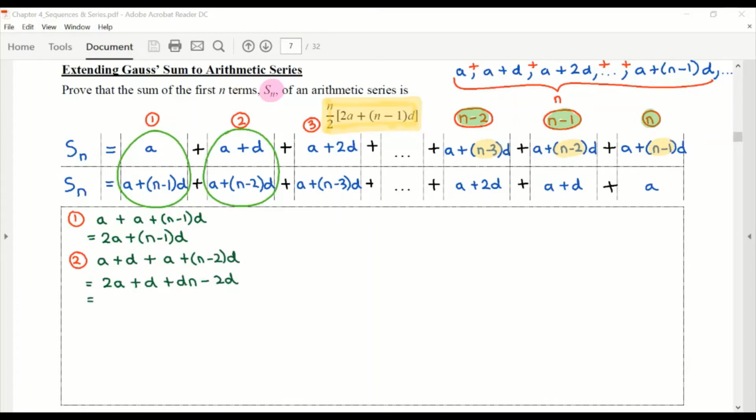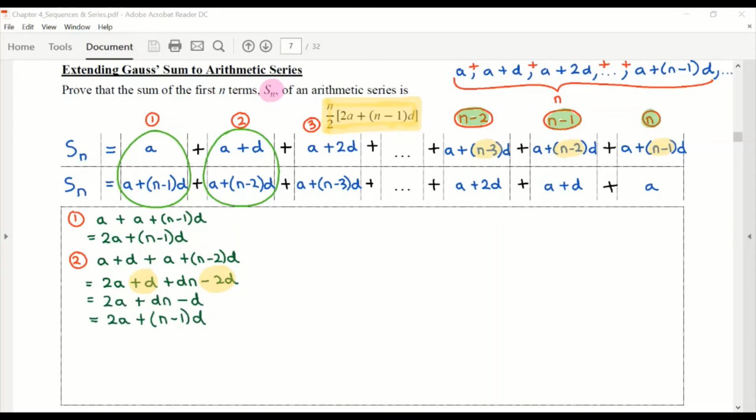When you do that, you can probably see I've got a plus d here and a negative 2d here. I can combine those, and that's going to give me 2a plus dn and then minus d. And we can factorize those two bits, so that's going to be n minus 1 d.